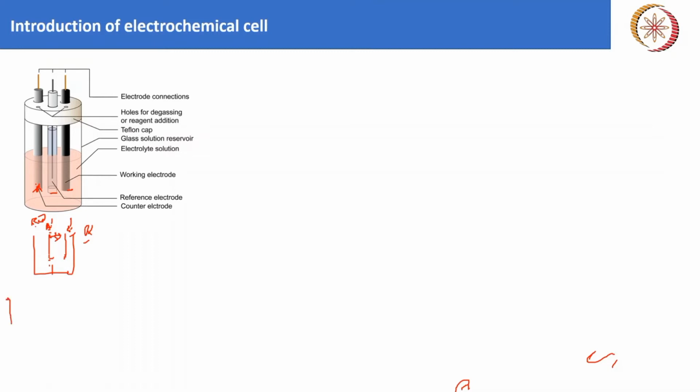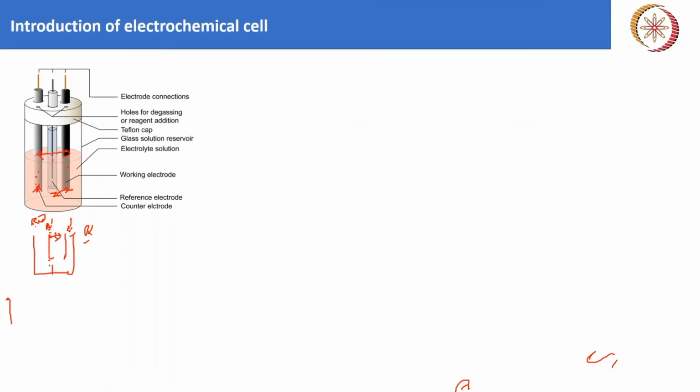In the three electrode system you have an auxiliary or counter electrode, and you are measuring the potential between the reference electrode and working electrode, and you are measuring the current through the working electrode and counter electrode.